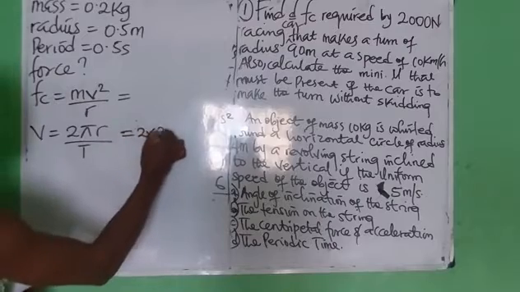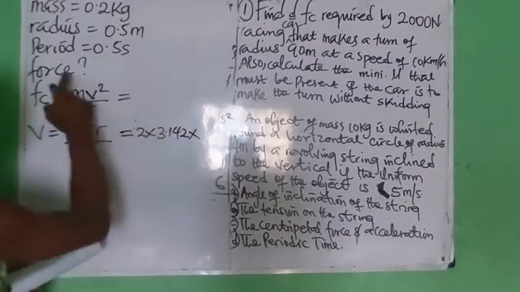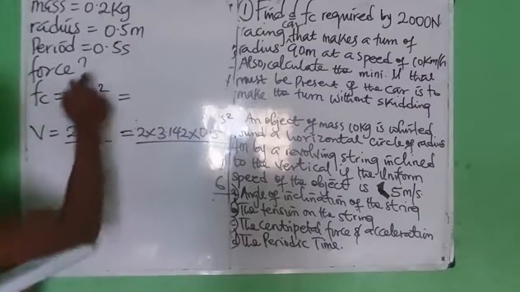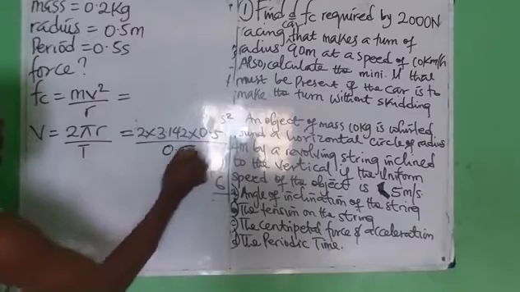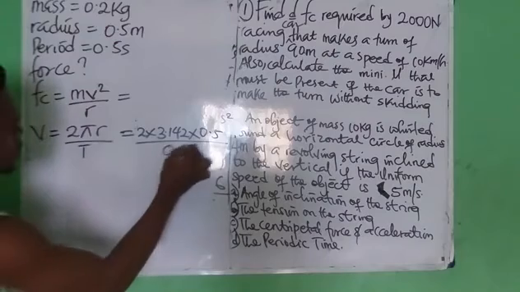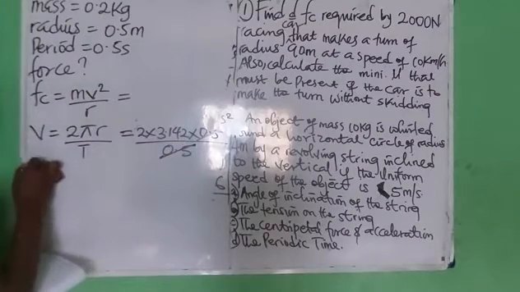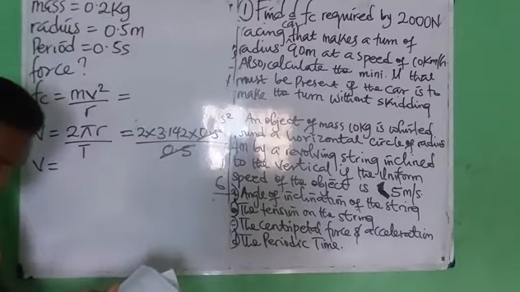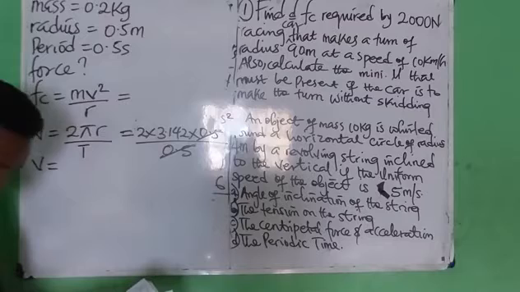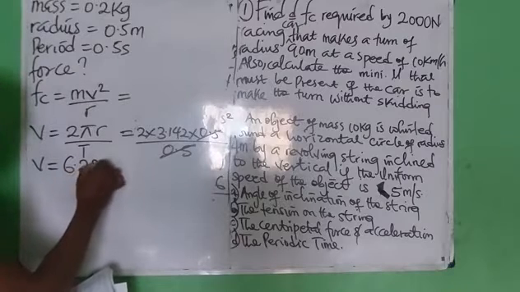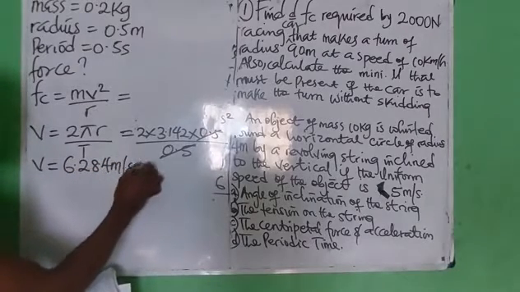This is 2 times 3.142, radius is 0.5, over period is 0.5. So tangential velocity now is 2 times 3.142 times 2 equals 6.284 meters per second.